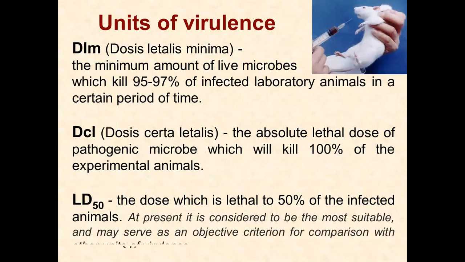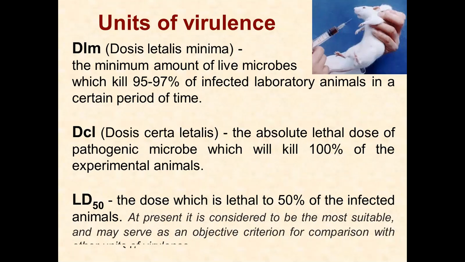It's the minimal amount of live microorganisms which kill 95 to 97% of infected laboratory animals in a certain period of time. Another unit is the DCL, dosis certe letalis, the absolute lethal dose of pathogenic microorganisms which kill all infected experimental animals.